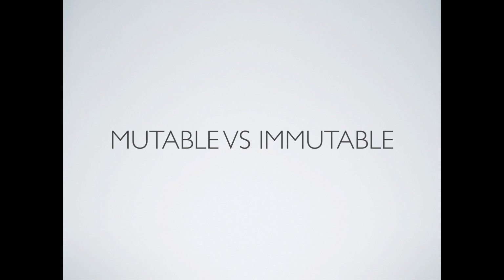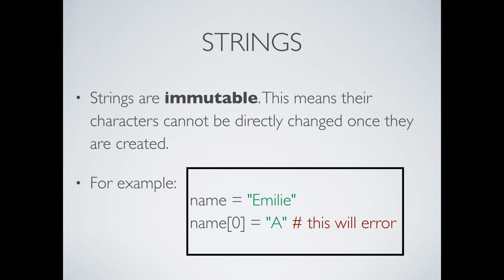Alright, so let's shift gears a little bit. Let's talk about these two words, mutable and immutable. So let's first talk about what immutable means. Strings are what we consider to be immutable. They're immutable because the individual elements in the strings, which are characters, right? A string is a sequence of characters.